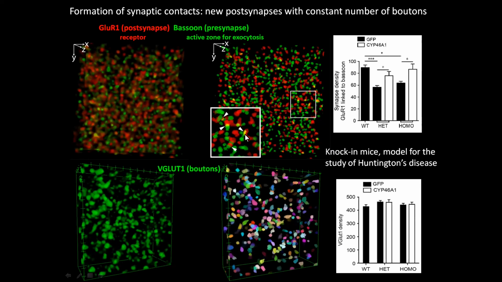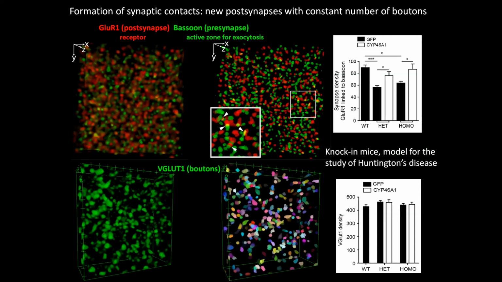And here you can see that I got some density of synapses. We have a mouse model for a brain disease, Huntington disease, and in the brain of those rodents, heterozygote or homozygote knock-in mice, we have a decrease in the density of synapses in the striatum.